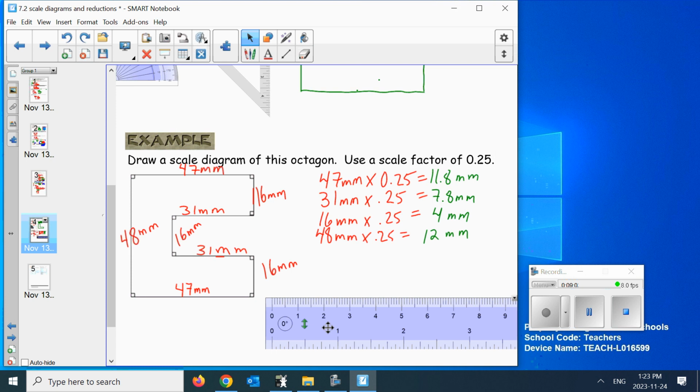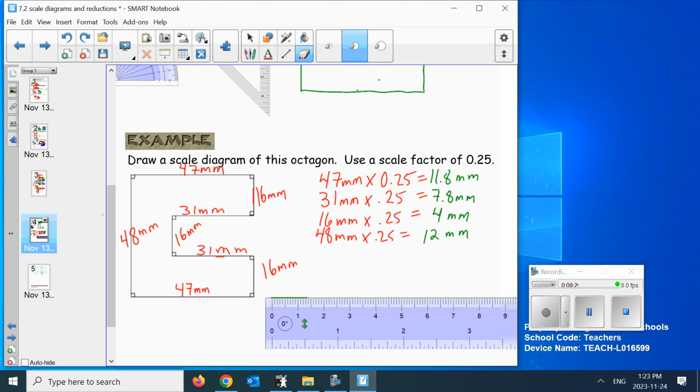11.8 millimeters is actually 1.18 centimeters, right? It's going to be pretty tiny. So here we go. I'm going with my 11.8, as accurate as this allows me to be.